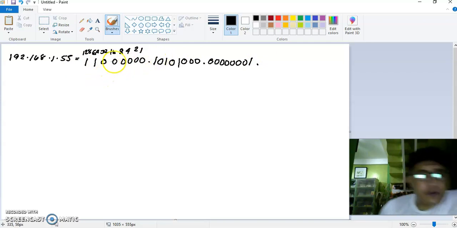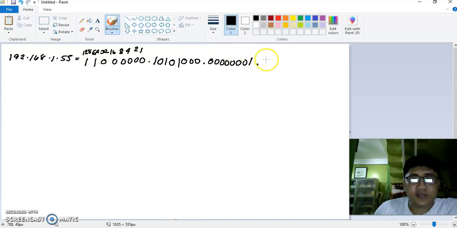Obviously 1 to 8 and 64 is not applicable, so we'll use 32. If we use 32 plus 16, we have 48, so we can use that 16. If we use 8, that is 56, which is higher than that, so 8 is 0.